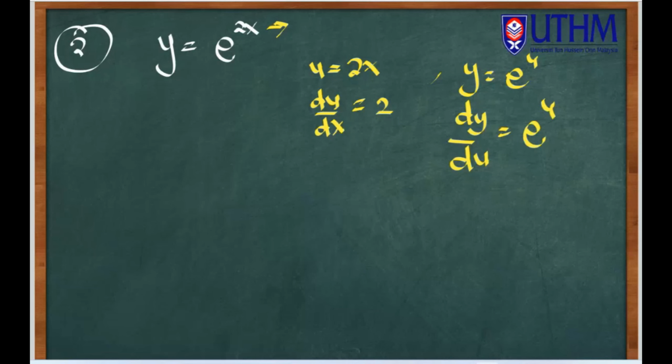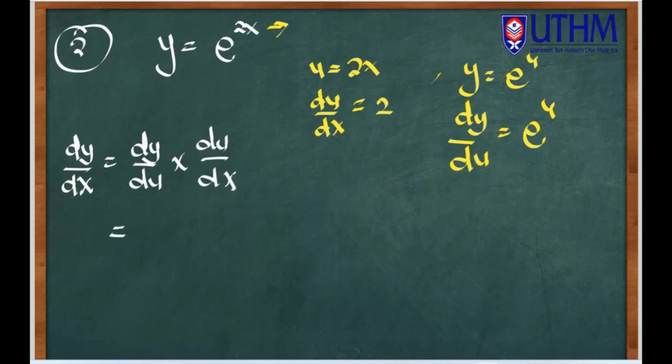Again by using the chain rule, dy/dx is equal to dy over du times du/dx. So we substitute e^u times 2, and then substitute back our u with 2x. So finally the answer will be 2e^2x. Very simple.